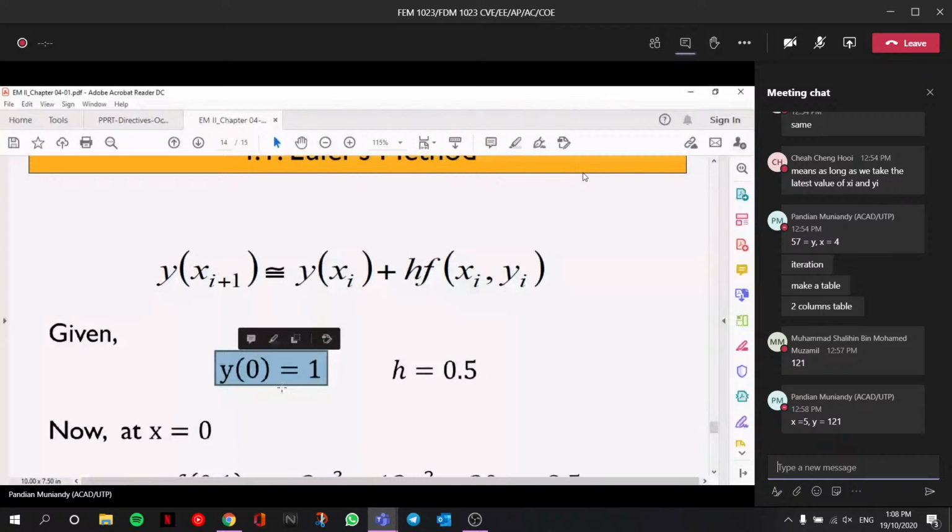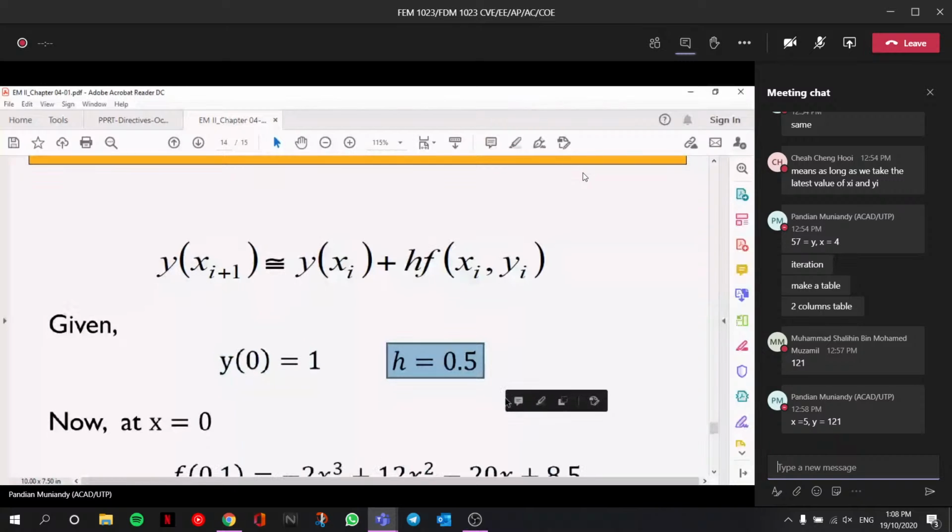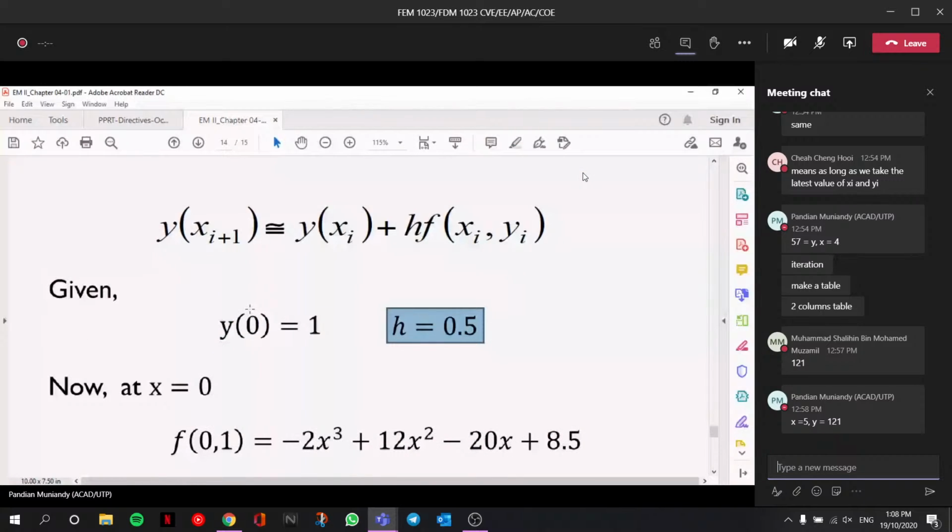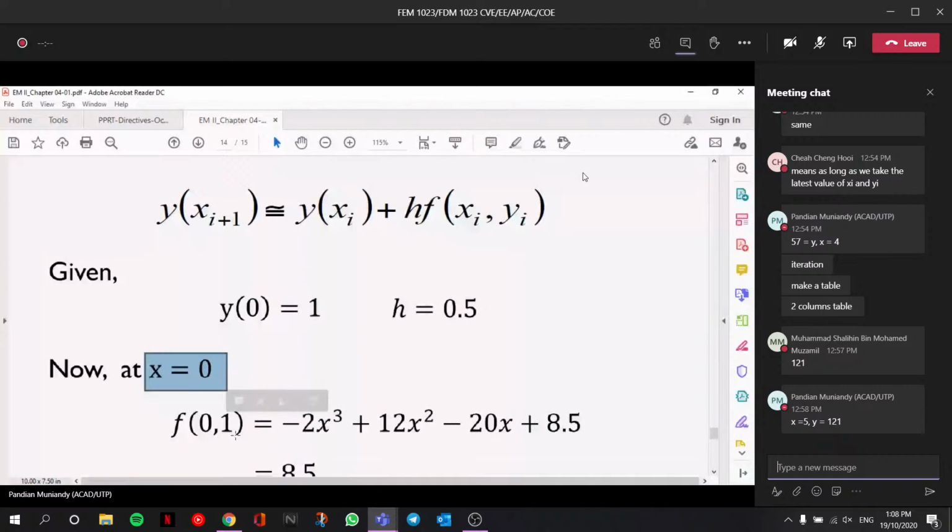So your h is 0.5. This one is already known. Now, this is your x0. That's why they write here 0. So when x0, y is 1. So you are putting this inside here.